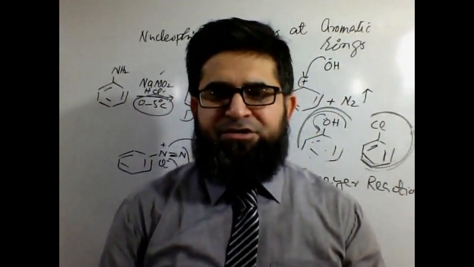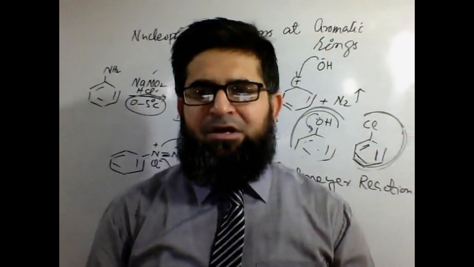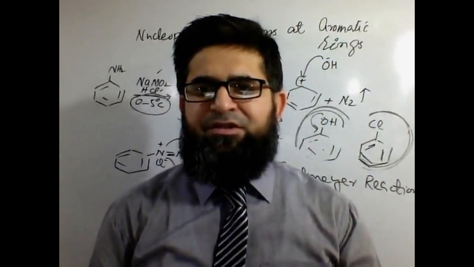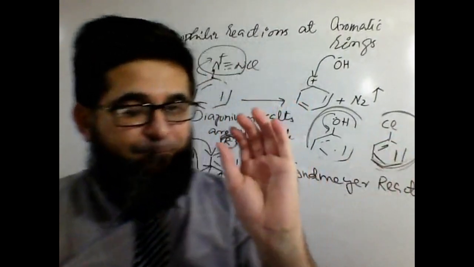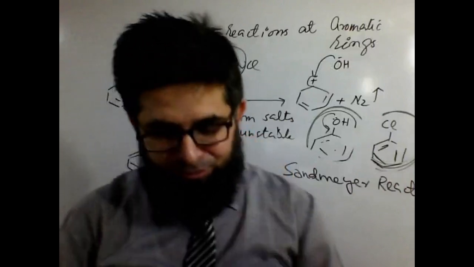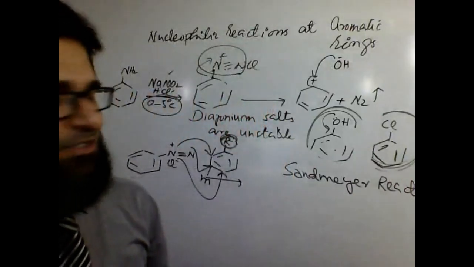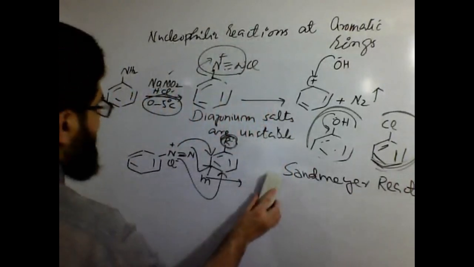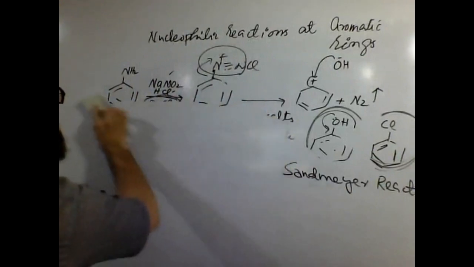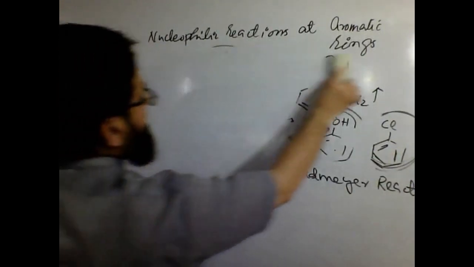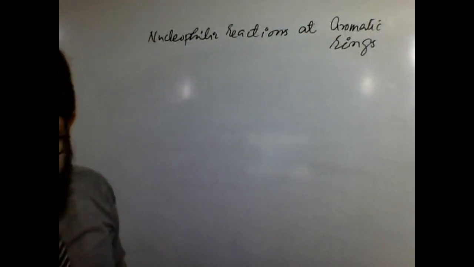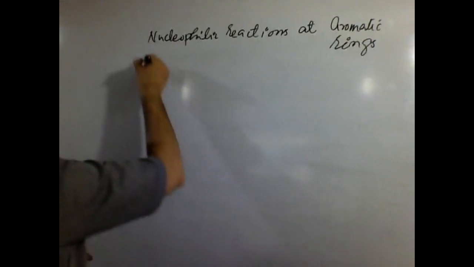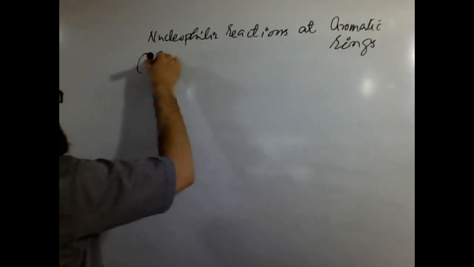The reactions in which aromatic compounds are made to react with nucleophiles, those reactions in a specific way are called Sandmeyer reactions. So let me explain those in a bit more detail, so I can keep my topic as nucleophilic reactions on aromatic rings, or I may write it as Sandmeyer reactions.